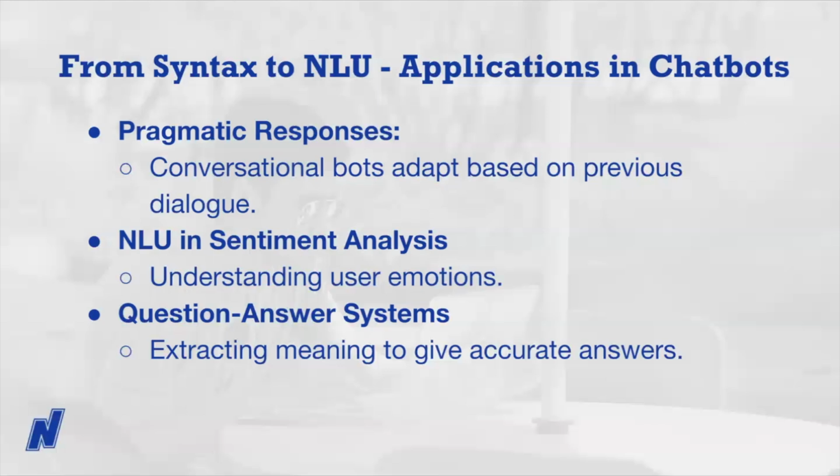I also want to bring it all together. When we think about why semantics in NLU allows chatbots to go beyond understanding the structure, this entire lecture has been revolving around the idea that these systems need to understand context. And to do that, they have to break down the words. They have to understand the meanings of the words. They have to understand where it's coming from. Is it a verb or is it an adverb?